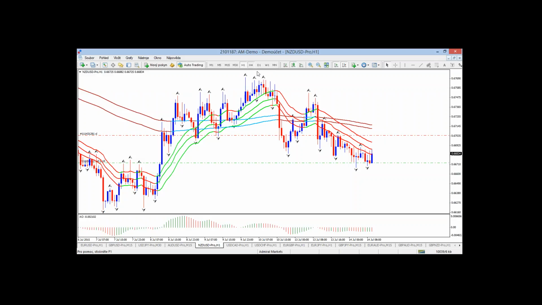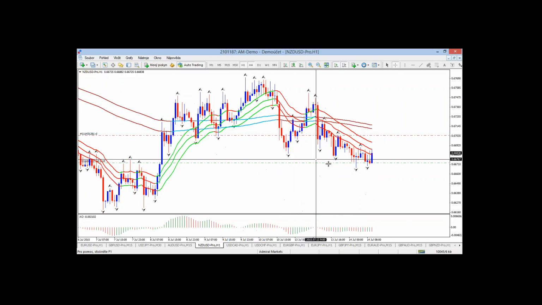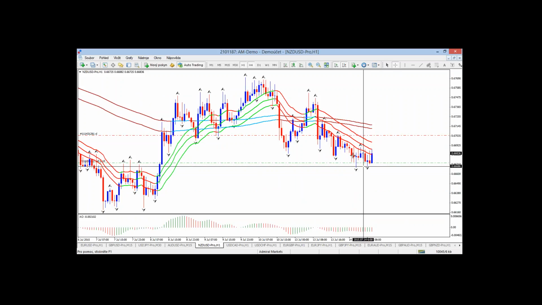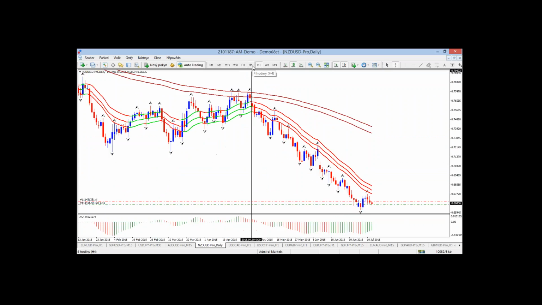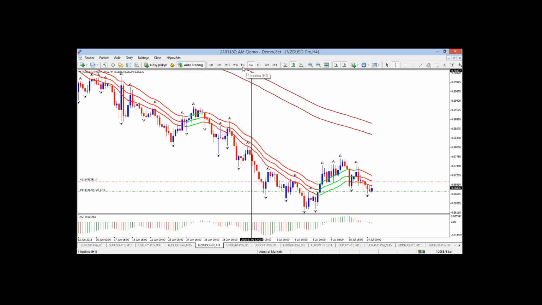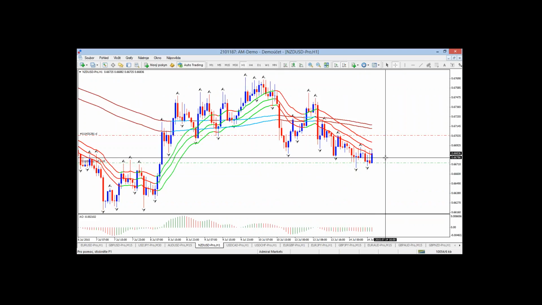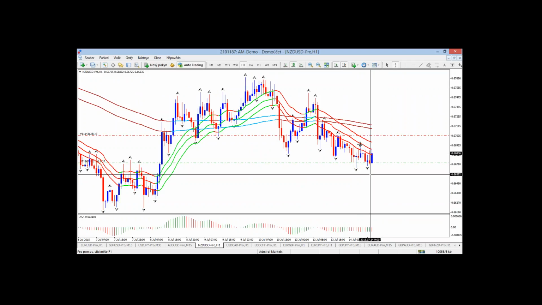But this Kiwi is a bit different than the Aussie, because it looks choppier, especially this part, kind of getting a double bottom on the hourly here. So I wouldn't rule out downside continuation on this Kiwi, but more at the end of the day, I think.